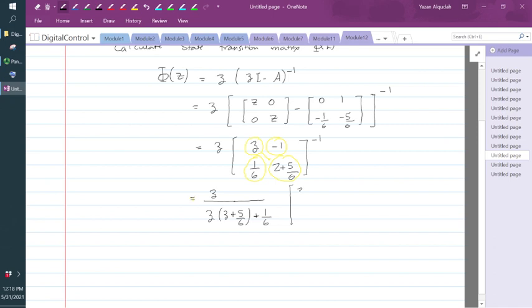So I'm going to get this z plus 5/6, and this is z. And then I'm going to multiply the negative 1 and 1/6 by a negative sign. This becomes a 1, and this negative 1/6.